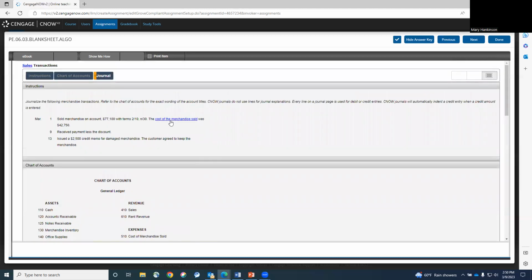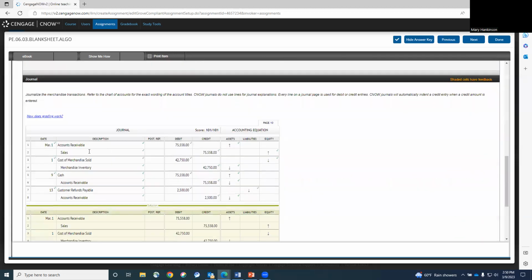Now, let's go back up to the top. It told us that the cost of the merchandise sold was $42,750. So we know whenever we do have a sales transaction for merchandise, that it's a four-sided entry. We start with our asset account, either accounts receivable or cash. This one was on account, so it's accounts receivable. We credit the revenue account sales, but we also have to update our cost of goods sold and our merchandise inventory.